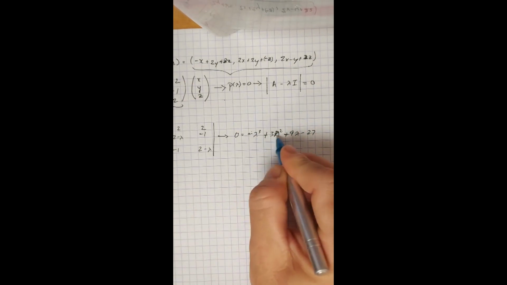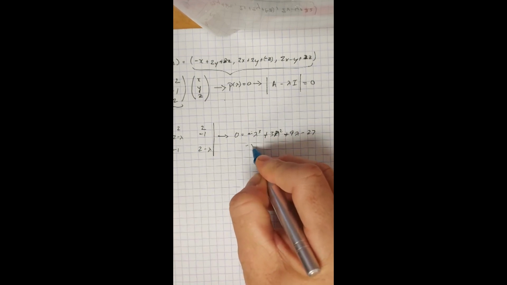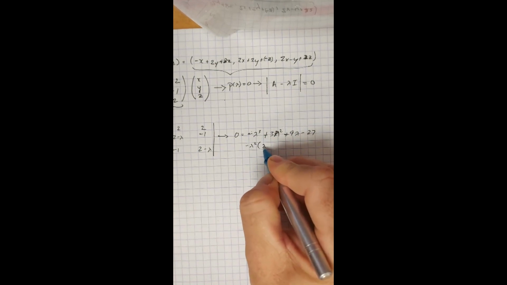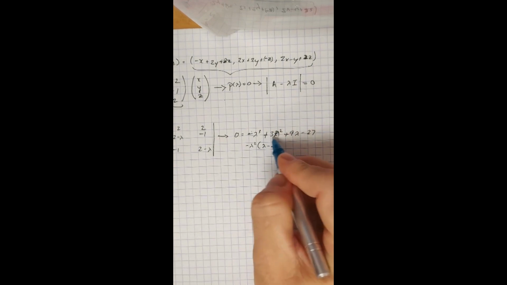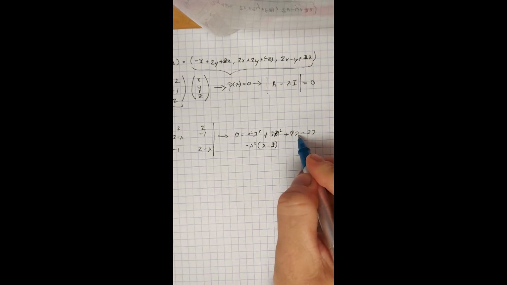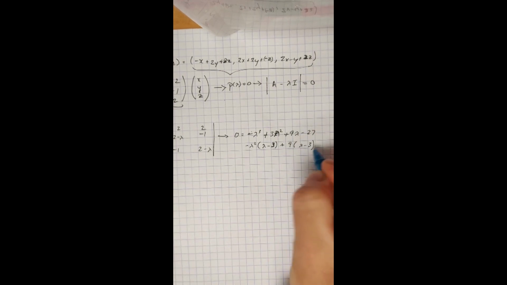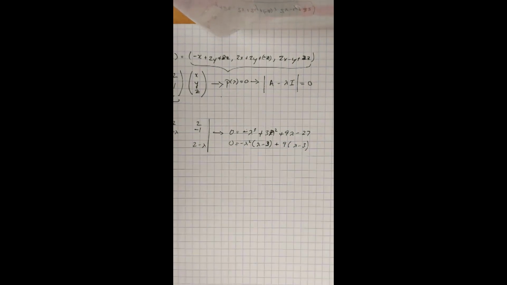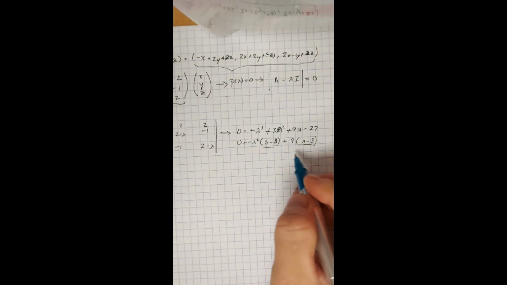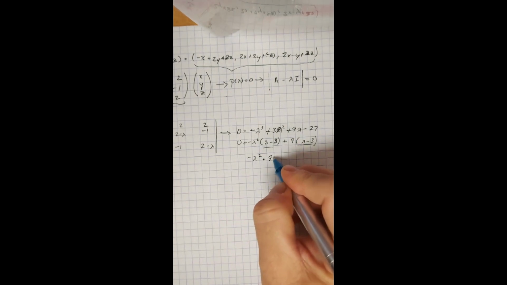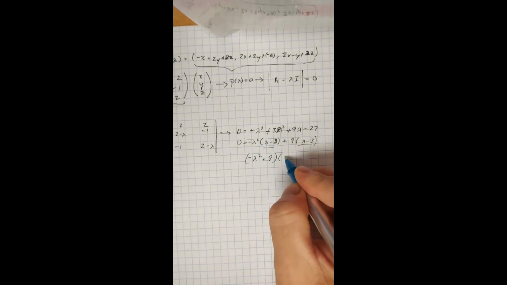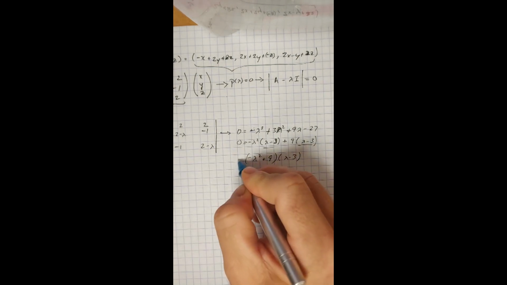So I'm going to factor out a negative lambda squared here, and I'm going to do some factor by grouping. So this is going to be positive lambda minus 3 here, and then I'm going to factor out a 9 here, so plus 9 times lambda minus 3. And this equals 0. Then a common factor here, so I get negative lambda squared plus 9, those are the terms left over, factoring out a lambda minus 3, equals 0.